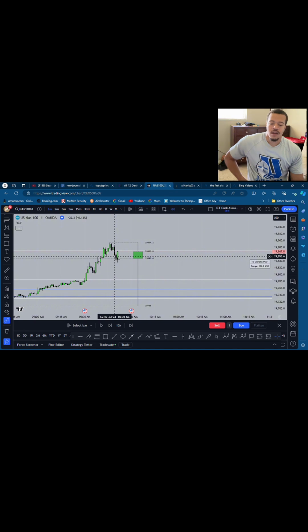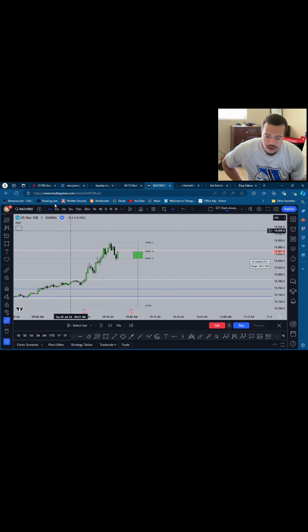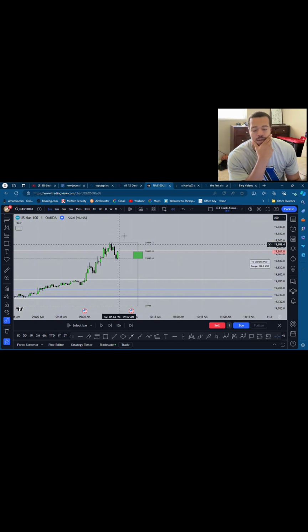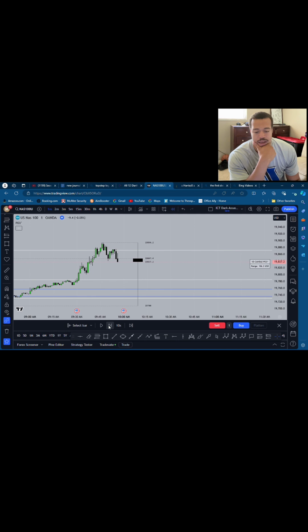Because sometimes on a 30-second chart, this is sell side being taken. But on the 1 minute chart, it could look like, nah, that's really nothing. And in the grand scheme of things, it could be nothing. But it all depends on how we react off of this level. We didn't react off of it in a way that I would want to see price react off of it.